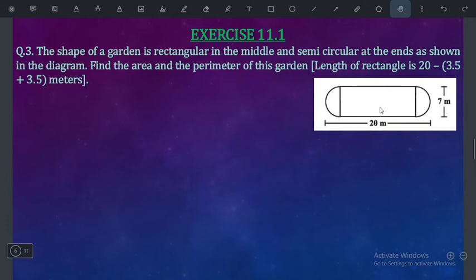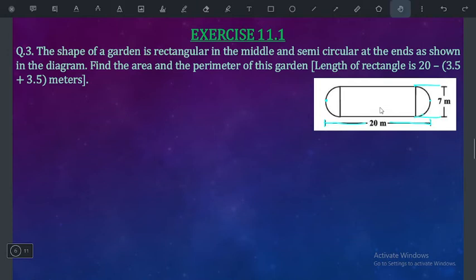So here it is 20 meter total length. From this point to this point we have length 20 meter, and from this point to this point we have height equal to 7 meter.